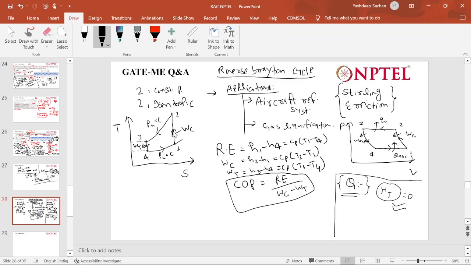Everything we know, and what will be the equation of this compression or expansion? Isentropic we are considering, right? So PV to the power gamma is equal to constant. And here the relation between temperature, pressure and volume, anyone can tell? In terms of temperature, okay.